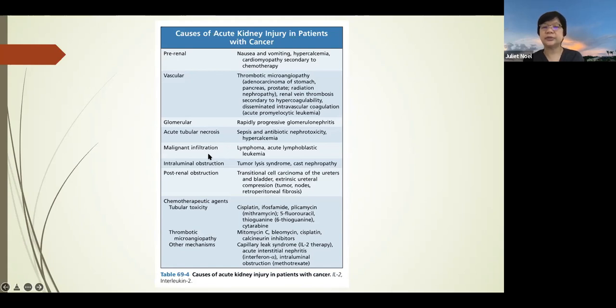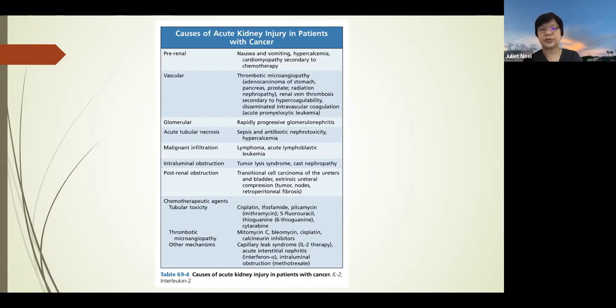Then malignant infiltration of the kidneys occurs in patients with lymphoma and acute lymphoblastic leukemia. Intraluminal obstruction is seen in tumor lysis syndrome. Patients with myeloproliferative malignancy like leukemia and lymphoma, when given chemotherapy drugs, have rapid destruction of cells, so there's an acute rise in uric acid.